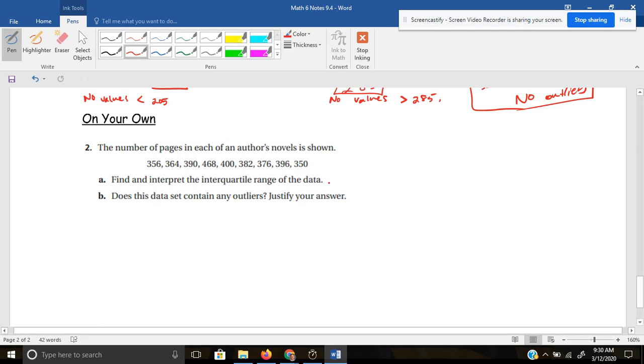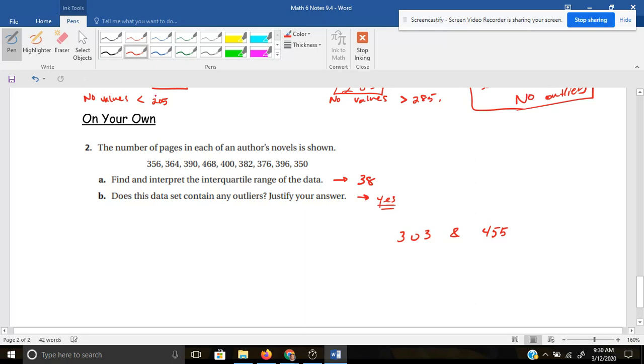Right. For your interquartile range, you should have come up with 38. And then, does the data contain any outliers? Yes, the data does contain outliers. The boundaries for outliers, you should come up with 303 and 455.